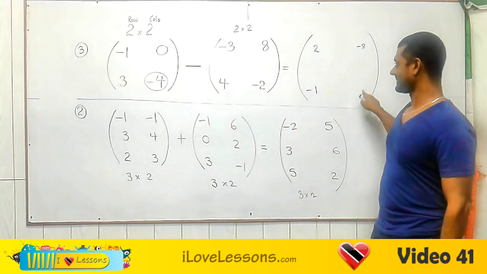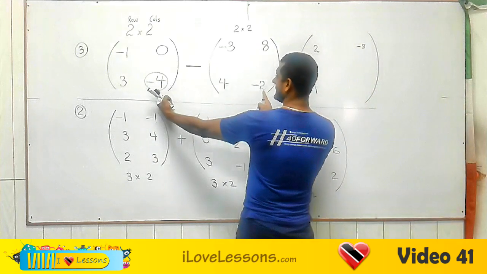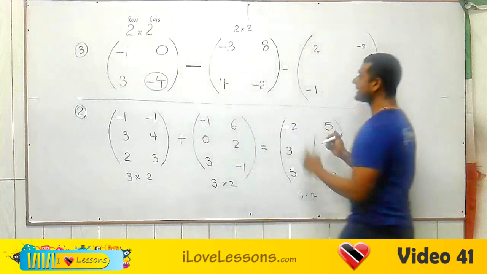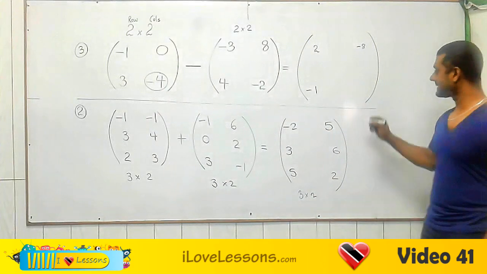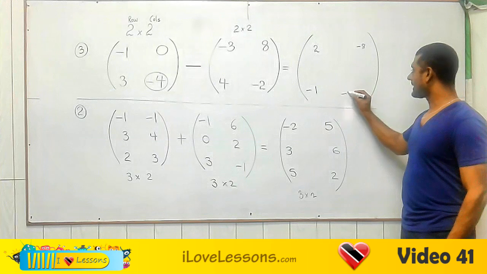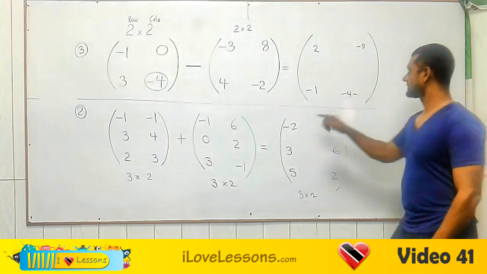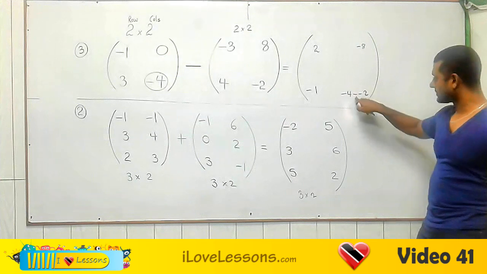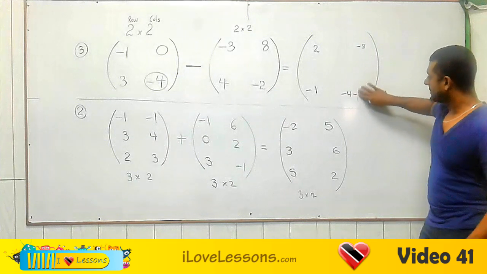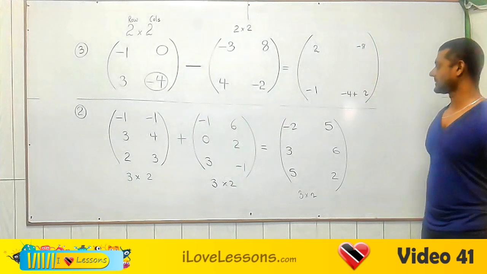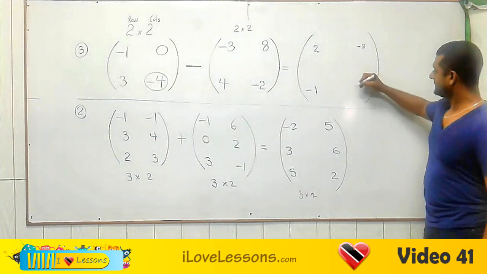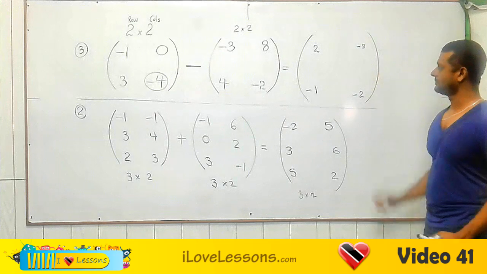Let's get the last answer. That's these two in the same position. -4 minus, and what's waiting here? -2. So two negatives will touch to ultimately give you a positive. -4 plus 2 is -2.